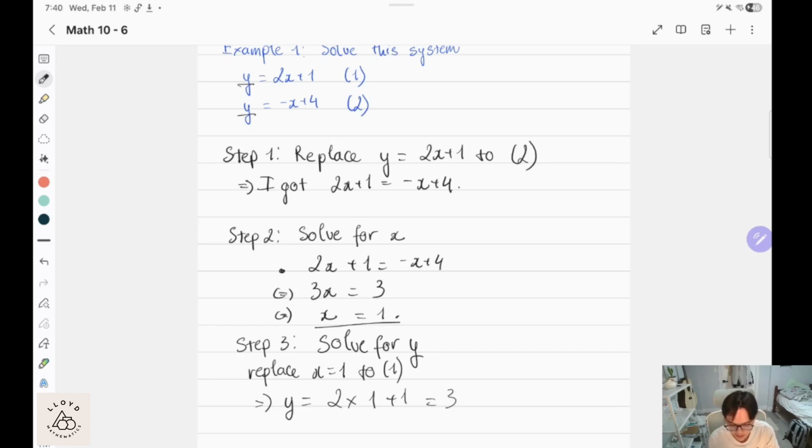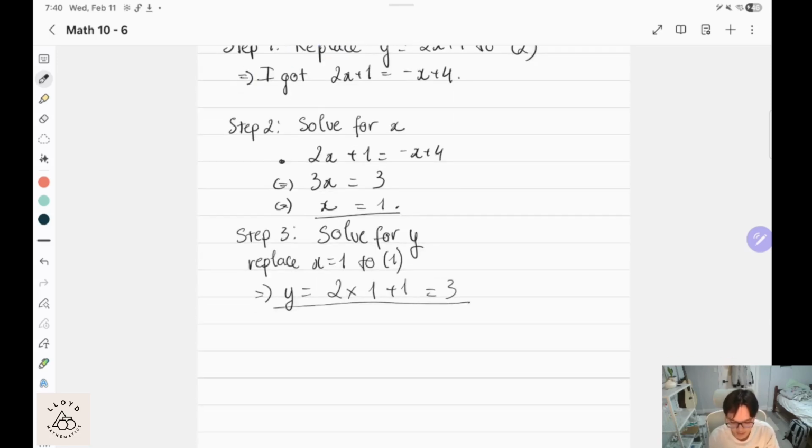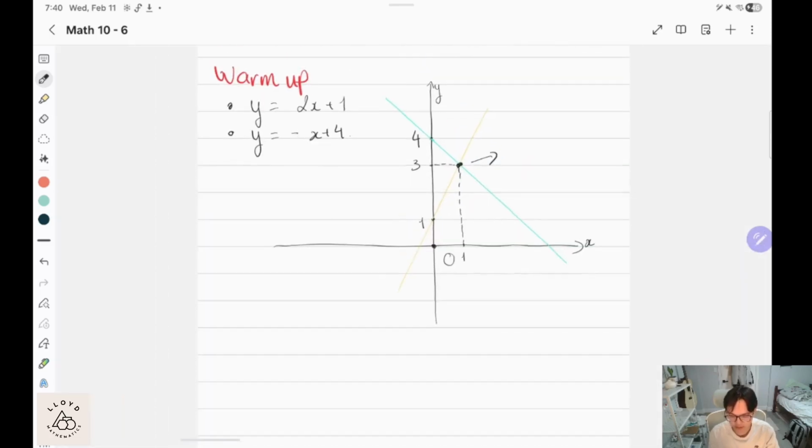So we already have x and y, and the answer is 1 and 3. We can check the answer. This one gives the same thing, the same answer, 1 and 3.